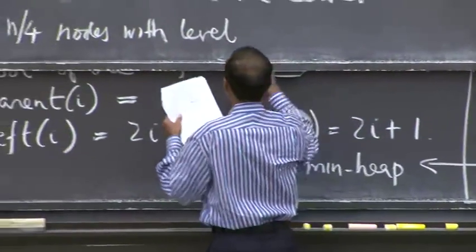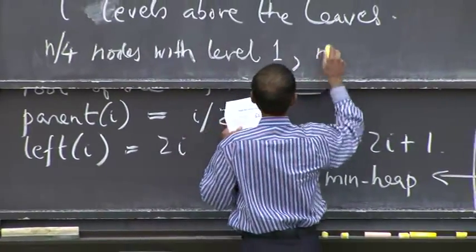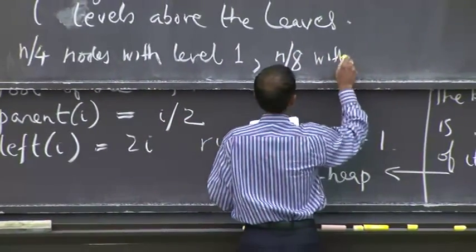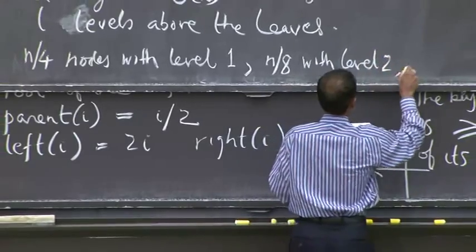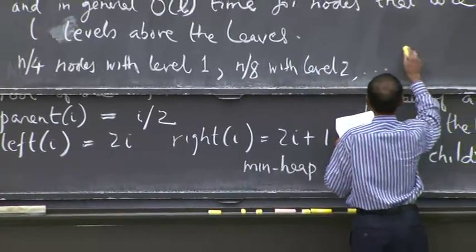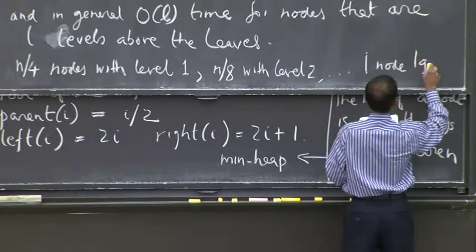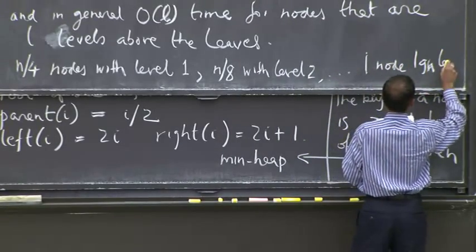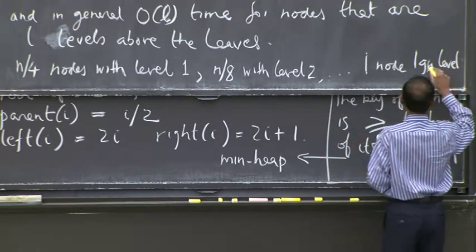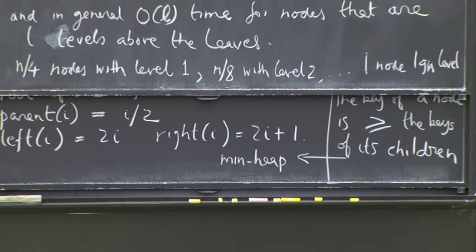But we have n over 4 nodes with level 1, n over 8 with level 2, and one node with log n, at the log n level, which is the root node.